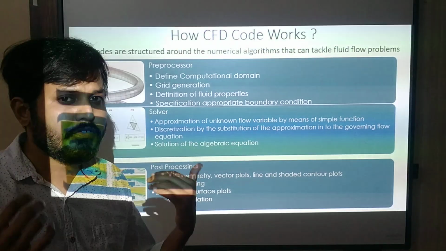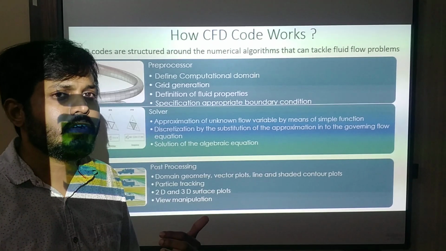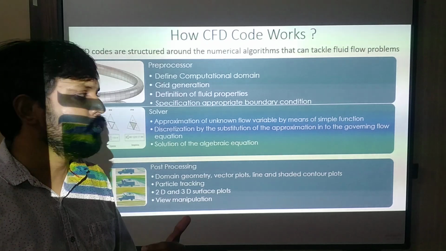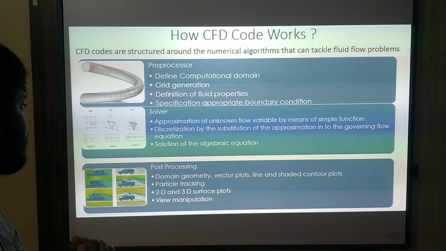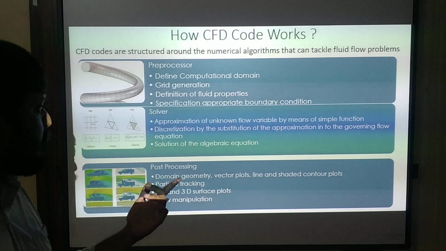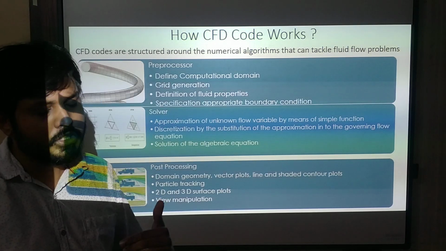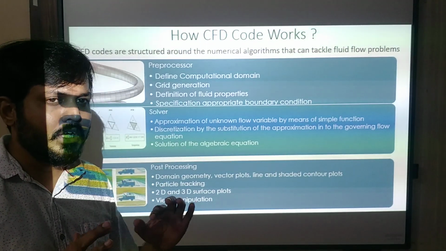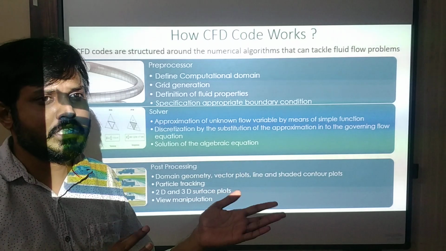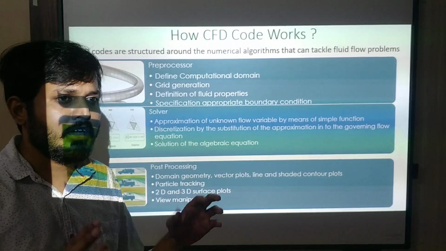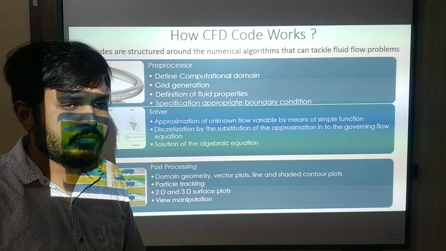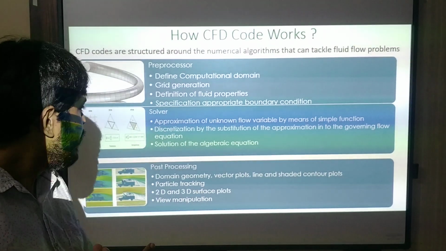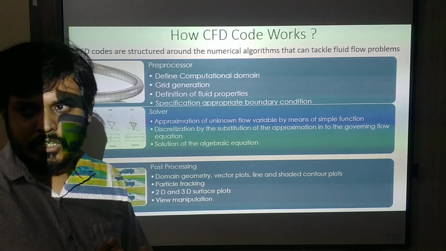We have to define the function, which is very important. To solve any discretized equation, you have to form a function, and then discretization by substitution of the approximation into the governing flow equation. So first we have to assume some approximation. We will see later why we do approximation for fluid flow simulation. Next is solution of the algebraic equations.